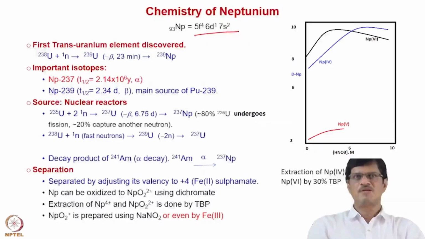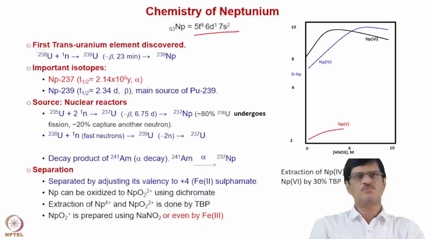As I've already mentioned, neptunium is the first transuranium element, discovered by the reaction of uranium 238 with neutron capture giving uranium 239, which undergoes beta decay to produce neptunium 239. This is how we get neptunium 239 in the reactor, and this is used in laboratory studies. A very good quality tracer is obtained.